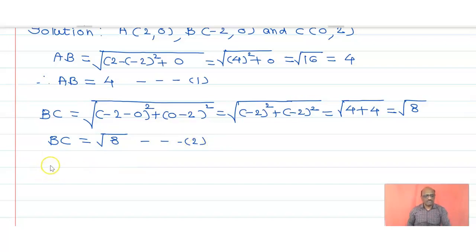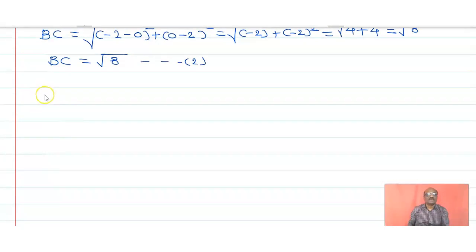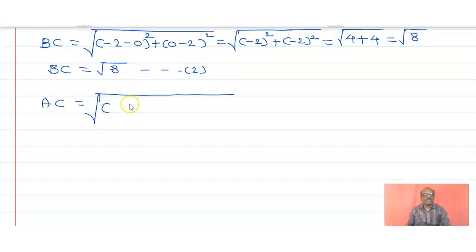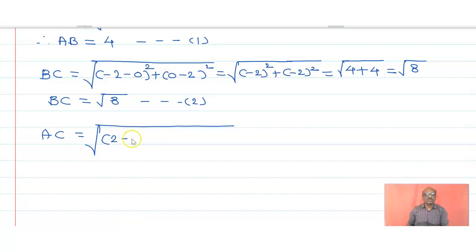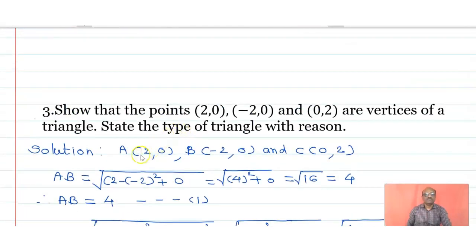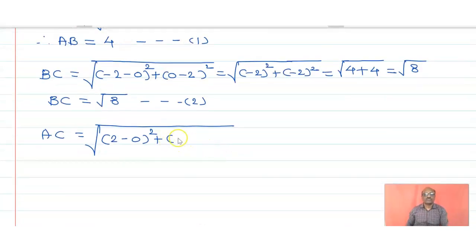Next we will find out AC here now. Okay, AC is equal to again the subtraction: 2 minus 0, 2 minus 0 bracket square, then 0 minus 2, 0 minus 2, it's a bracket square, and again 2 square is 4, and minus 2 square is again 4, and that is equal to the root of 8.